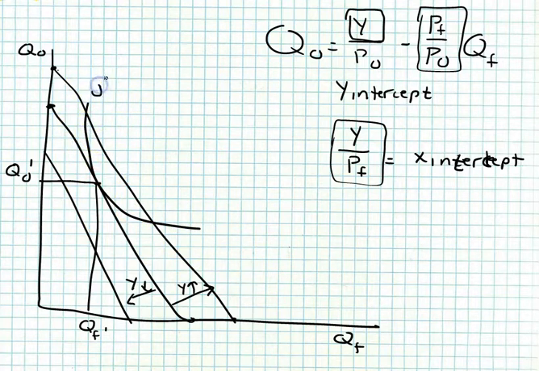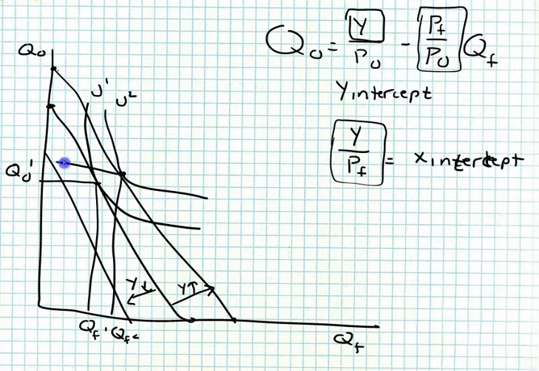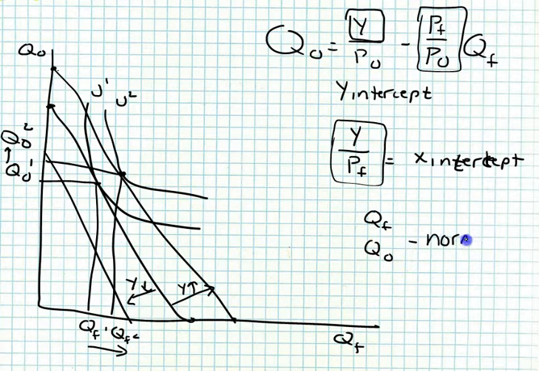If this is indifference curve, or utility, number 1, and here's utility 2, the same set of preferences, we can see that this consumer, given increased income, would demand more of other goods and more food. In this case, both the quantity of food and the quantity of other goods are normal in economic terms.